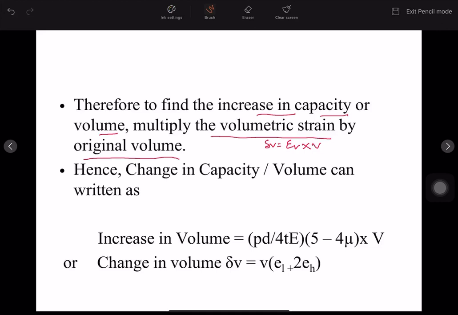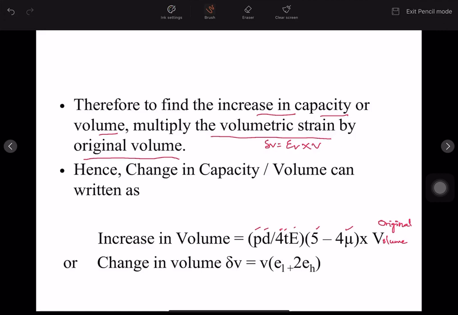So hence increase in volume is equals to PD by 4TE into 5 minus 4 mu into V, nothing but the original volume, remember that.